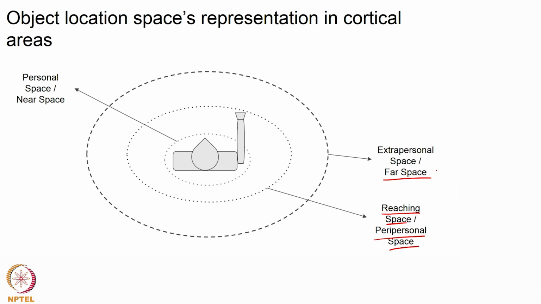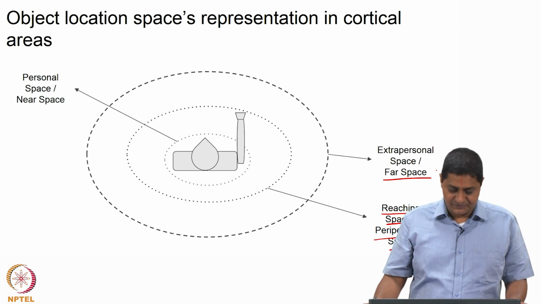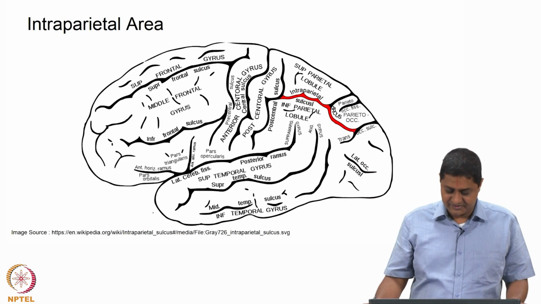And as I mentioned, these maps are encoded in different regions. So, there are independent maps of these three regions in different regions of the brain. That is something that we discussed in the previous class.